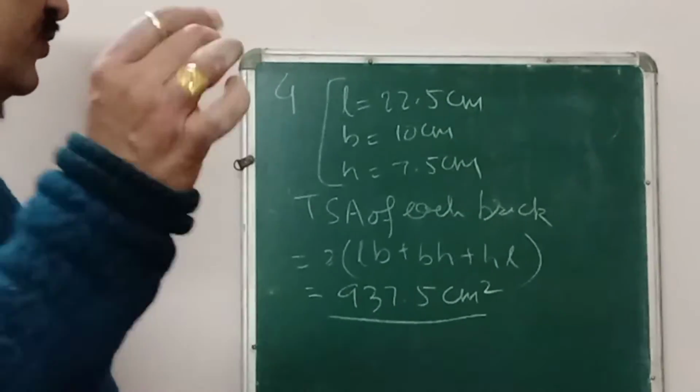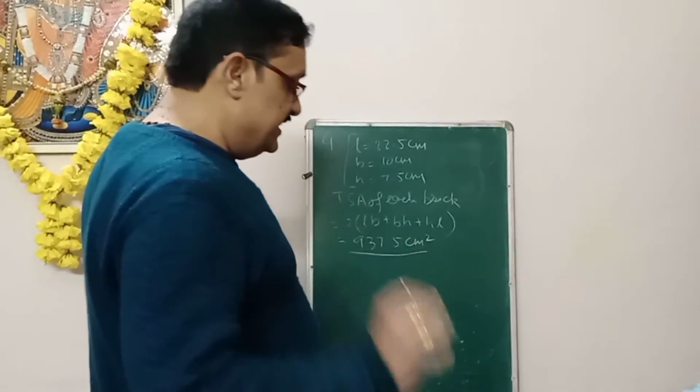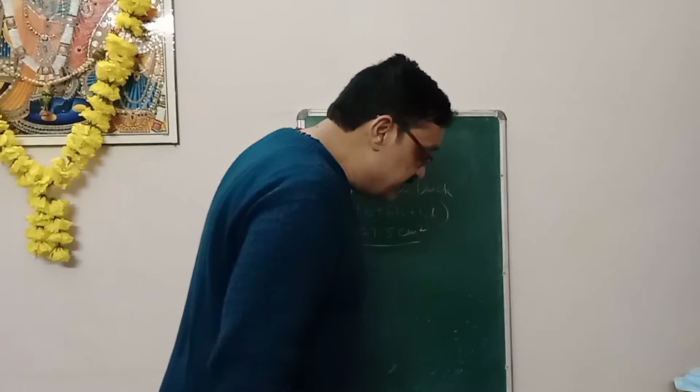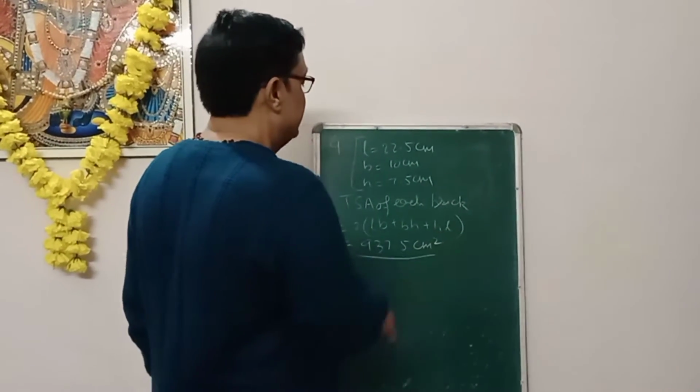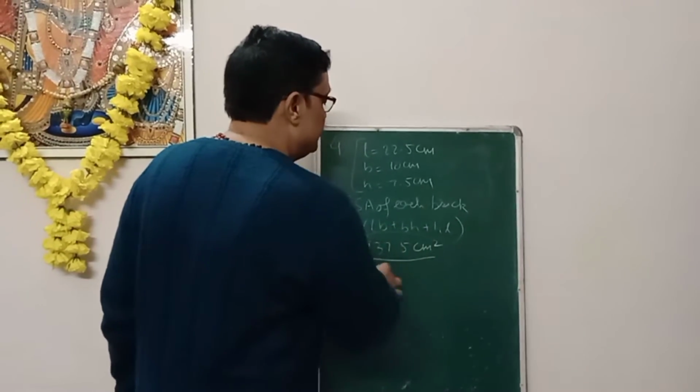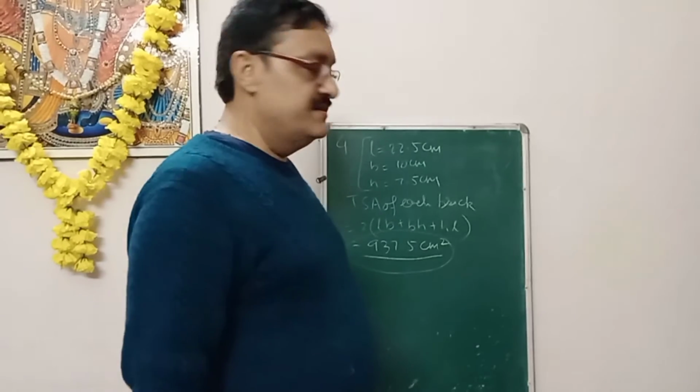And we know from the question that paint is able to paint an area of 9.375 meter square. Now let us assume that n bricks are to be painted out of that paint which was lying in the container.